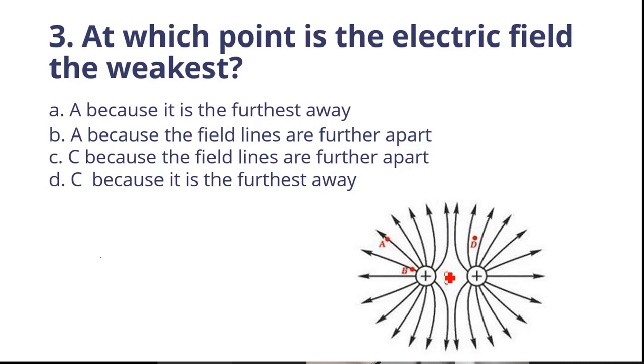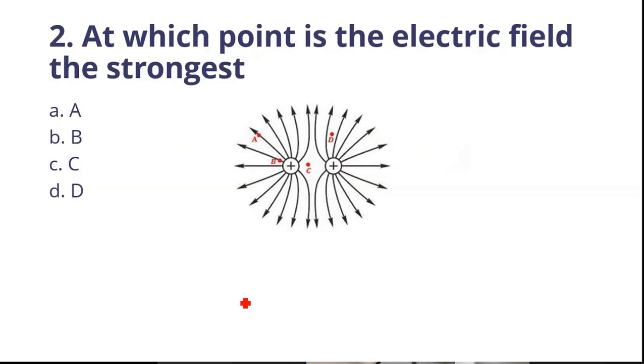C is the weakest, because the field lines are farther apart. Number 2, which point is the electric field the strongest? The closer the lines, the stronger the electric field. So B is the strongest point.